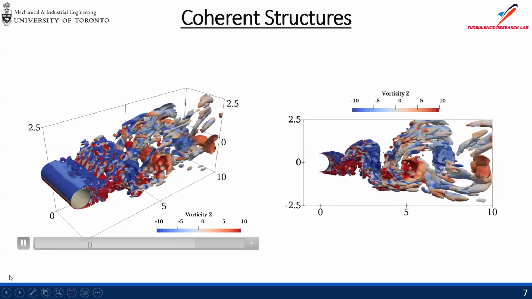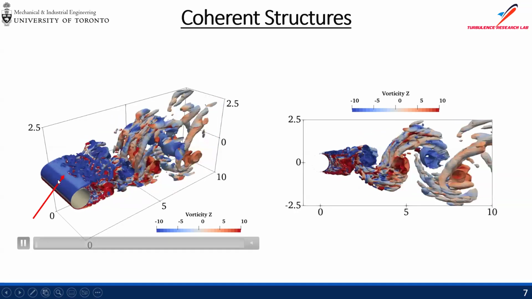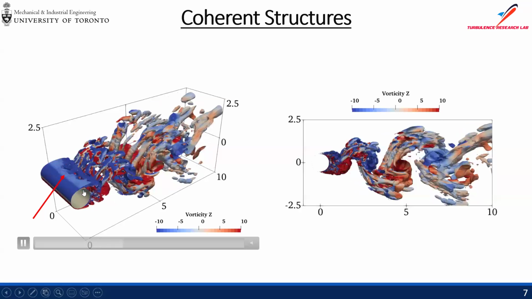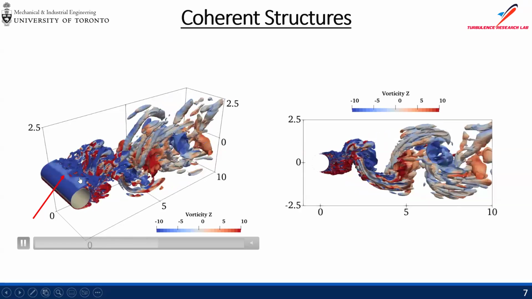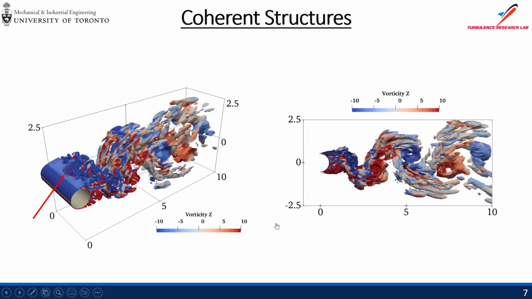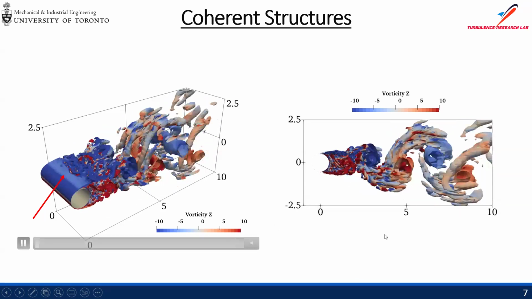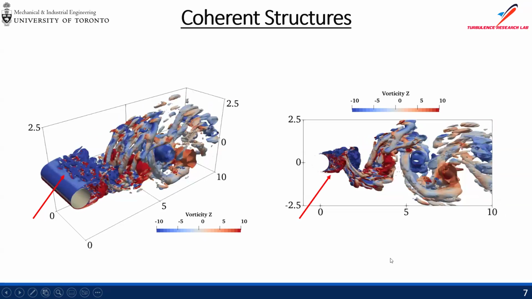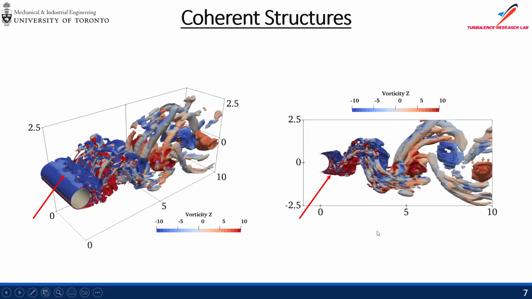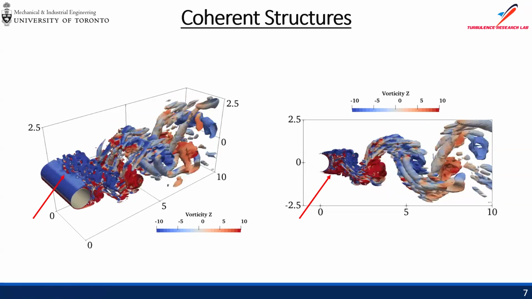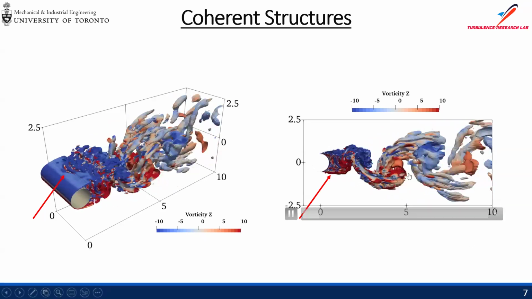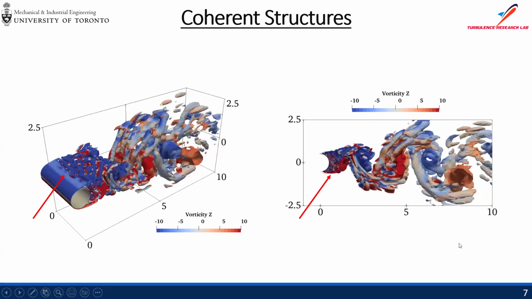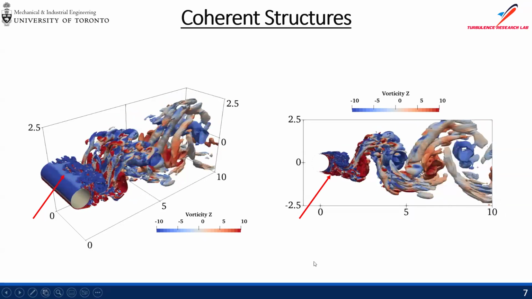If we look at the leading edge here, you can see the laminar separation, but then it does transition to turbulent, and there's quite a bit of fluctuation back and forth in the span-wise direction. On the right end, we do see the flapping motions of the cylinder, and this transitions into the wake.